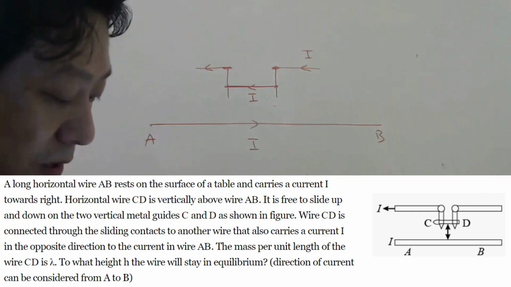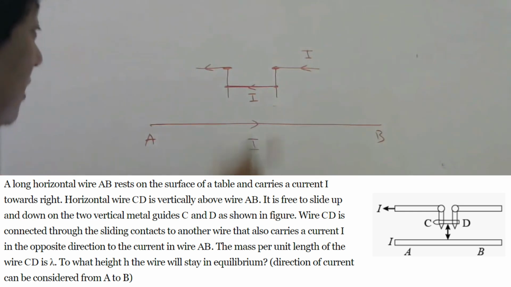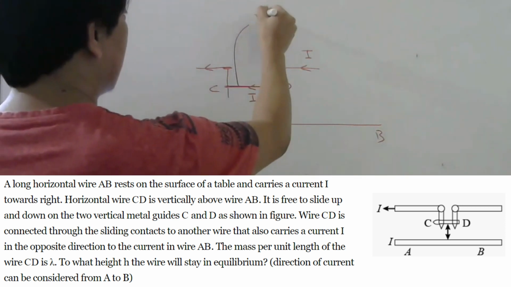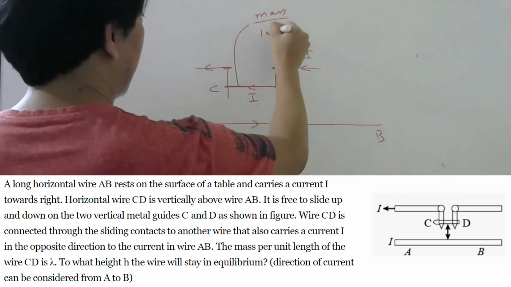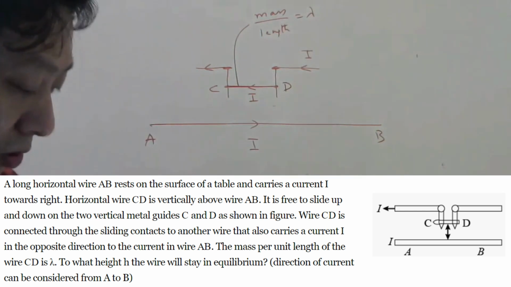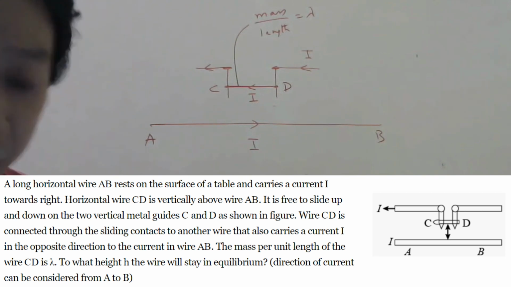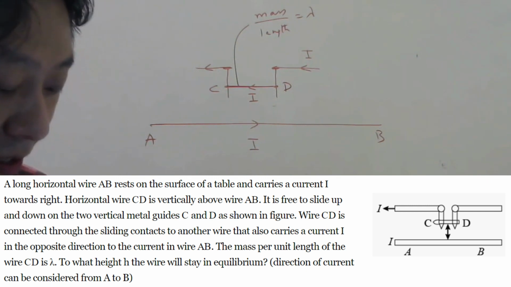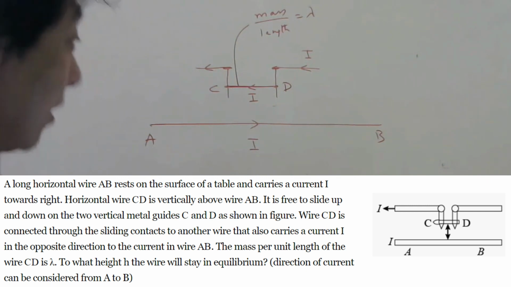Now the mass per unit length of the wire CD. This is your CD. For this, mass per unit length is given as lambda. Question is, to what equilibrium height will the wire CD rise, assuming that the magnetic force on it is due to the current in the wire AB?